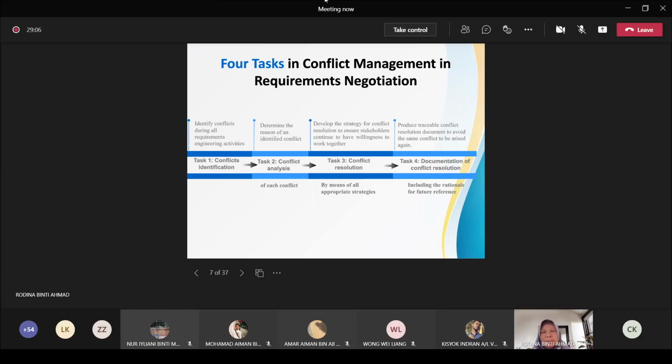In other words, conflict can occur anywhere, in any of the activities within the requirements engineering process. So we have to be observant about the stakeholders involved, how they see the requirements, and what kind of disagreement they have regarding all these requirements and constraints that we have collected.